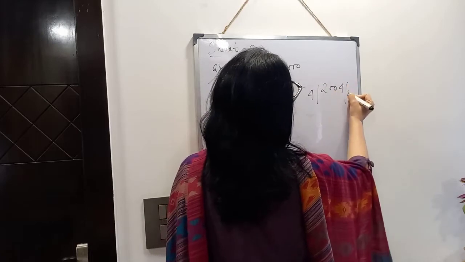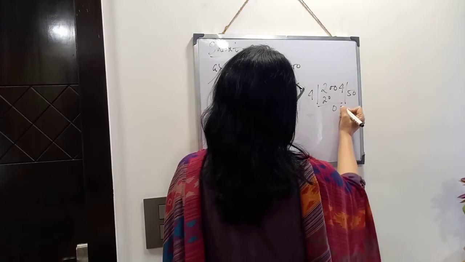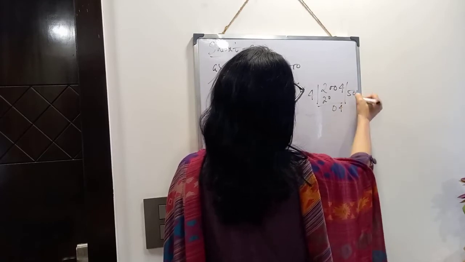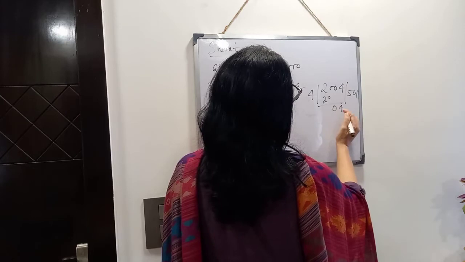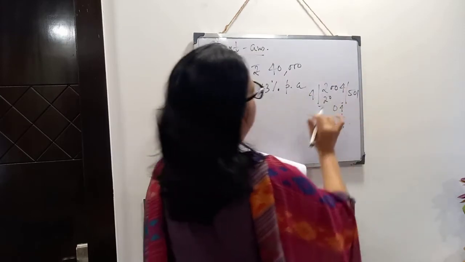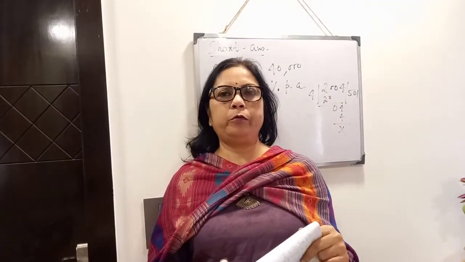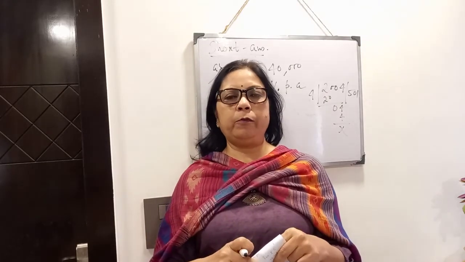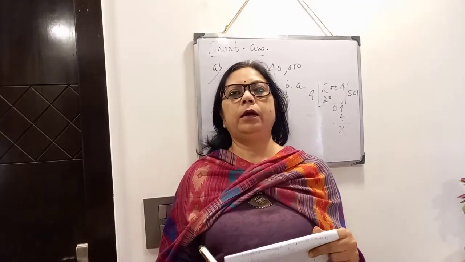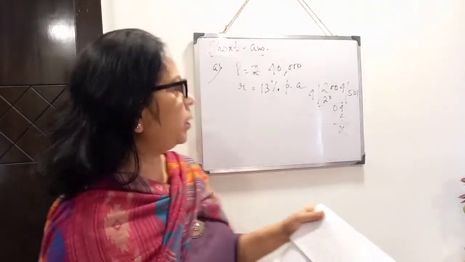Now if I divide, you see no remainder is coming. It is completely divided by 4. So in the month of February there will be 29 days in a leap year, and if it is not a leap year then it will be 28 days. Clear?